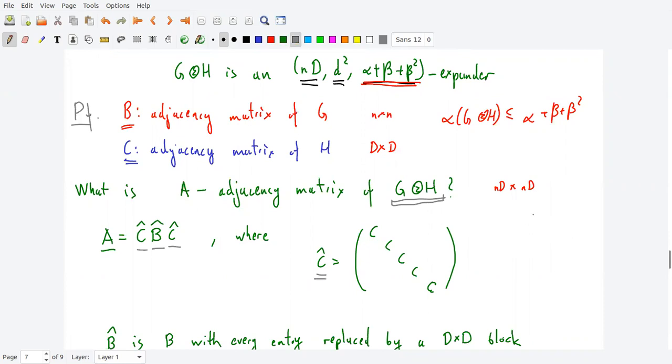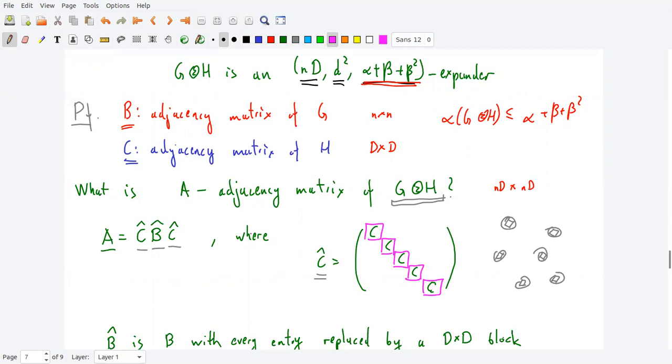You now have the n copies of the graph H, and there you have some edges inside those copies. The matrix of this graph consisting of n independent copies of H is simply a block matrix with n blocks equal to the adjacency matrix of H put on the diagonal.